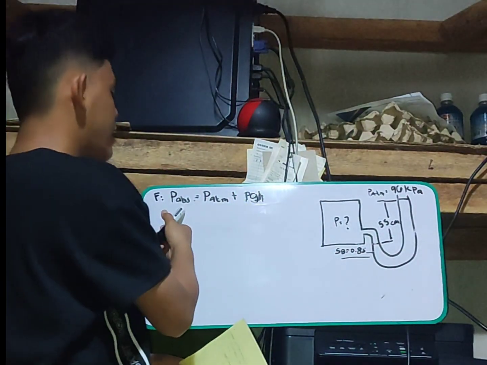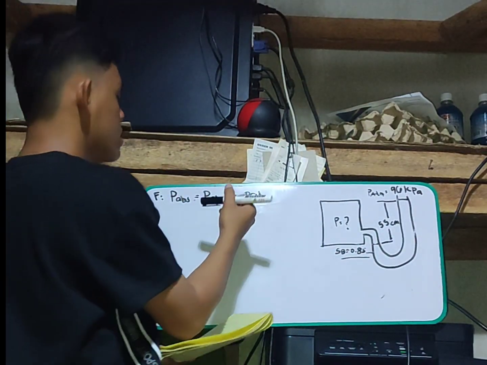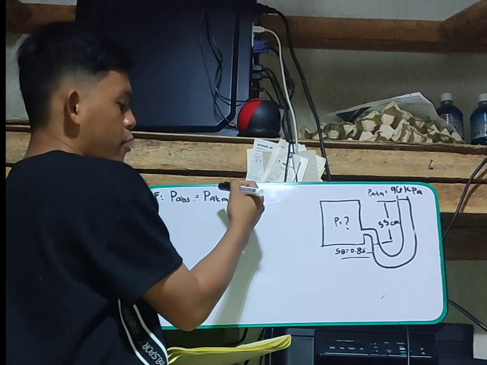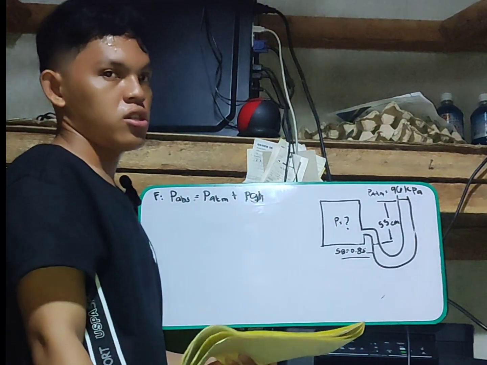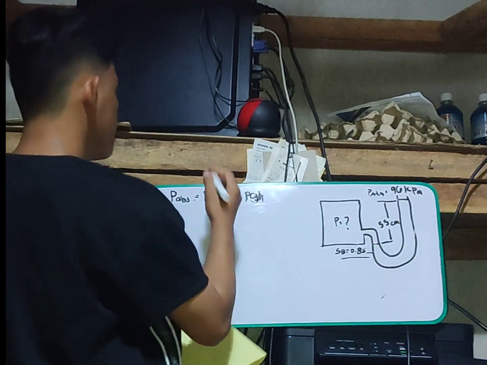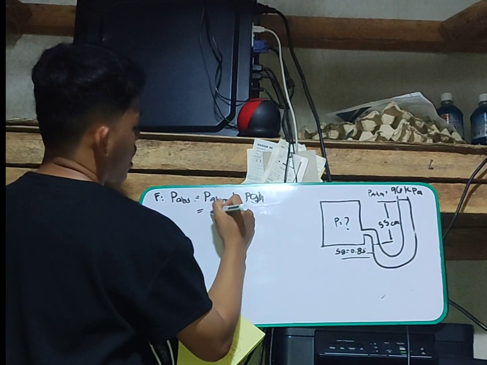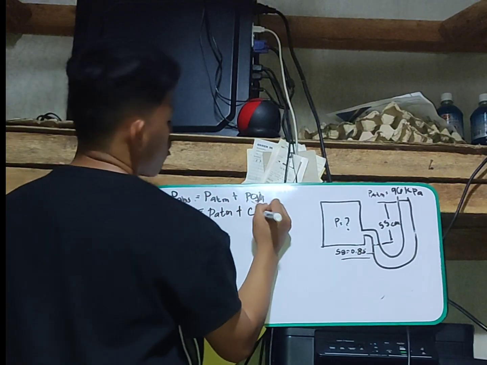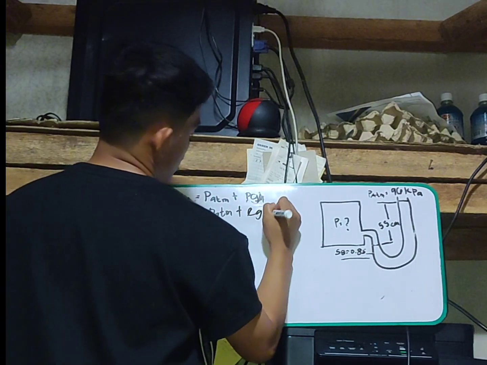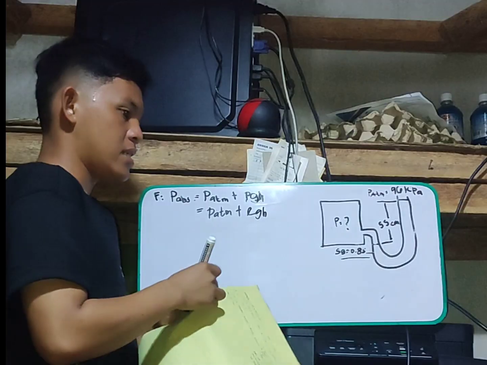I already gave the formula here. Absolute pressure is equal to atmospheric pressure plus pgh. It is also equal to atmospheric pressure plus rho gh. Same lang yan sila, guys.